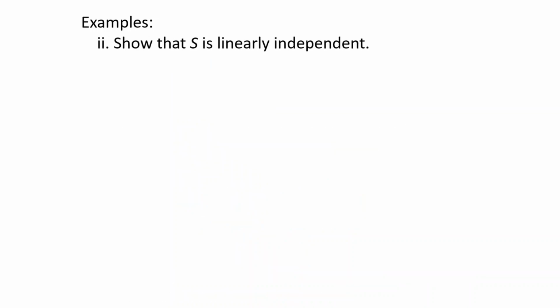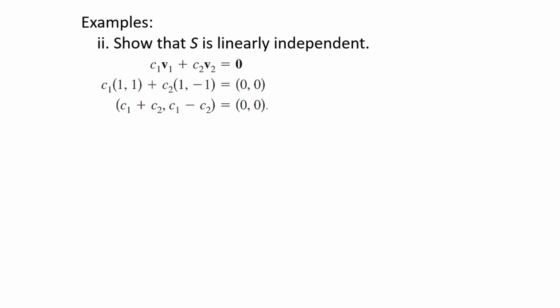Next, we will show that S is linearly independent. We want to show that we have only the trivial solution for this equation. Again, we substitute the values for the vectors v sub 1 and v sub 2, and then we add, so we have this equation and this linear system.